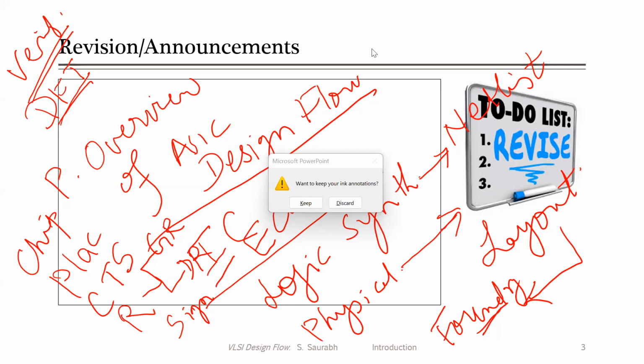So I will discuss a little bit on Verilog before going to the simulation and synthesis. Okay, so three students want me to discuss it. I give one more minute. If anyone wants to write something, please write in the chat box. I am reading. Or you can talk to me also if you want to.